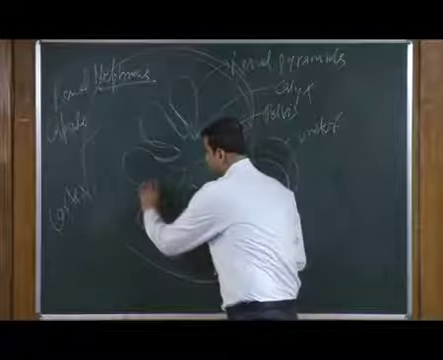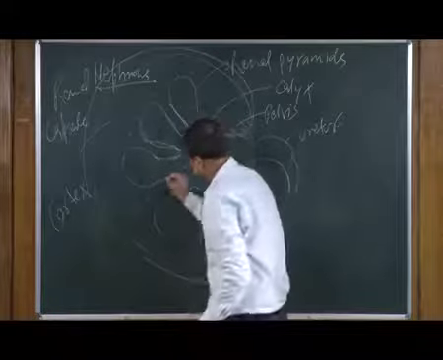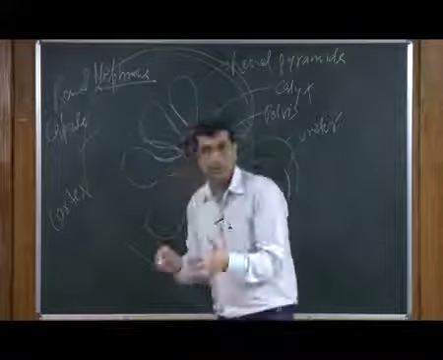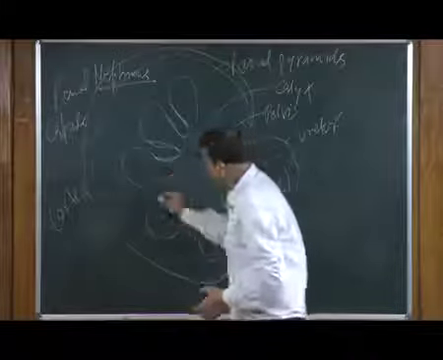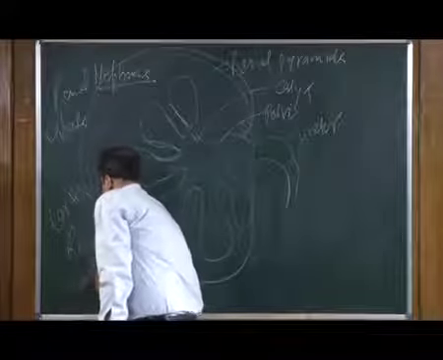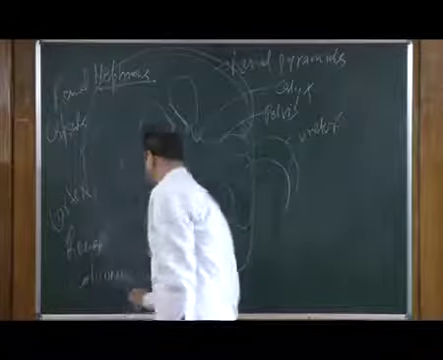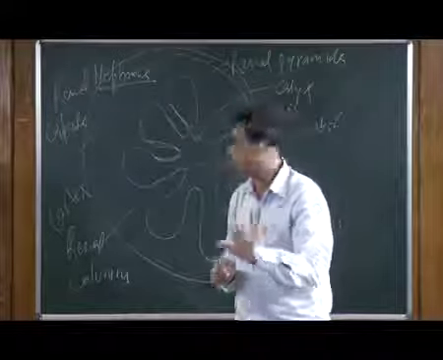Now, the columns lying in between two pyramids are very specifically called renal columns, and these are nothing but the extension of the cortex. Sometimes they are called columns of Bertini.